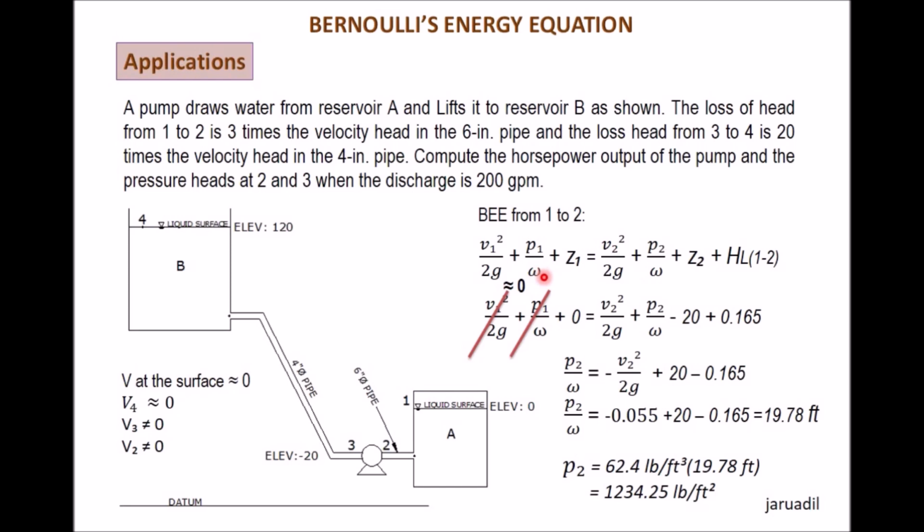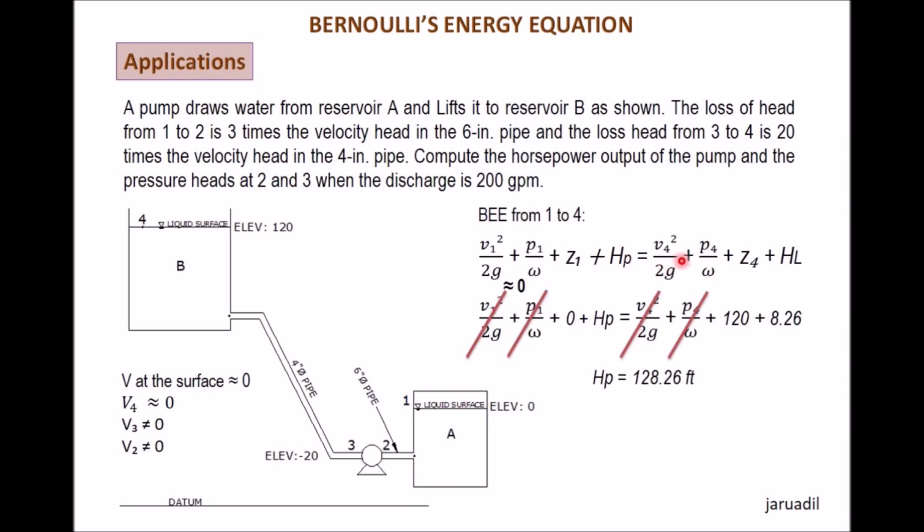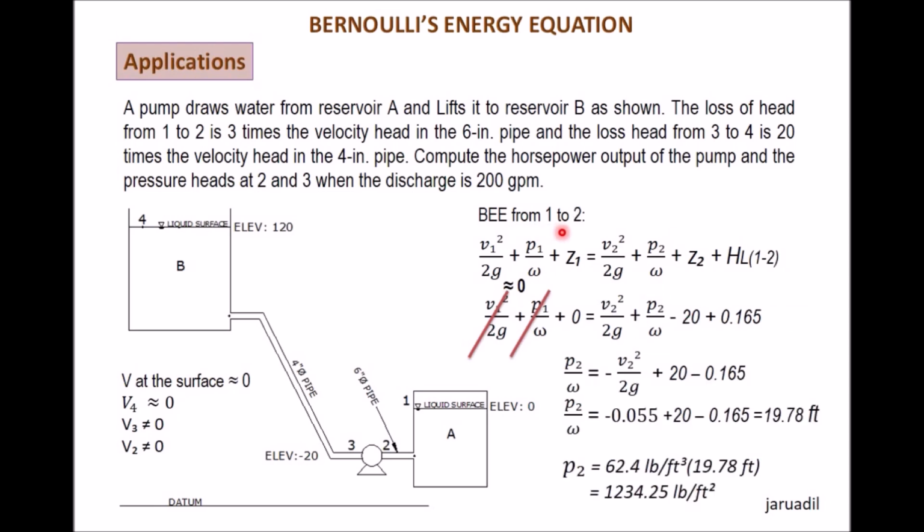So that the pressure head will appear in the equation. Kasi kung gagamitan natin siya ng halimbawa ganitong 4, wala diyang pressure head at point 2. Ang makikita mo dyan is 1 to 4, P1 and P4, because the Bernoulli's energy equation at this instance is from 1 to 4. Now to compute the pressure head at point 2, we have here V1 squared over 2g plus P1 over omega plus Z1.